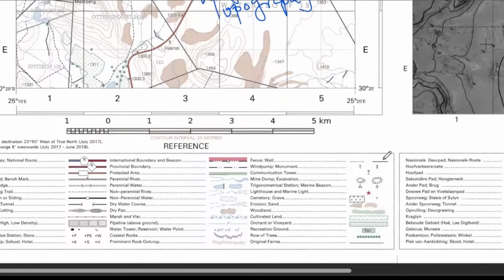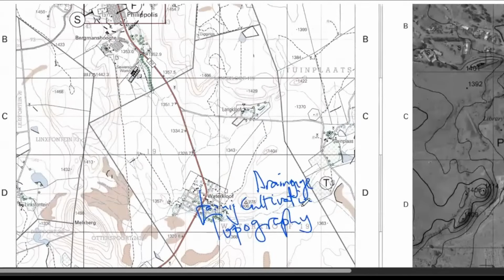Right, if we check here, we can see that this black line is representing a wall. So apparently they have put a wall to stop erosion here. This black line is a wall which has been put such that erosion cannot continue and affect this farming area.